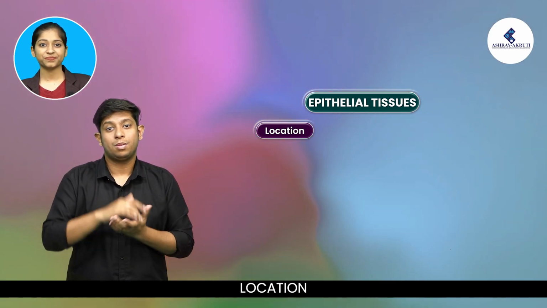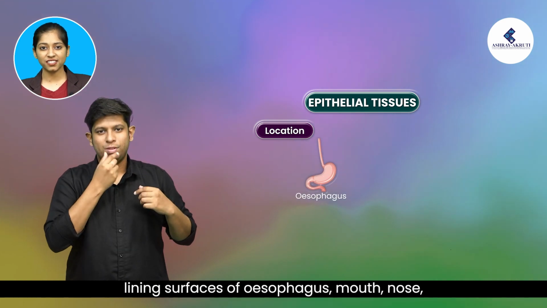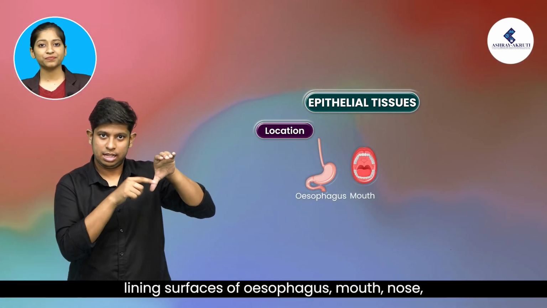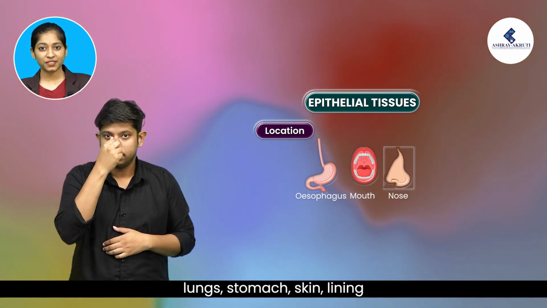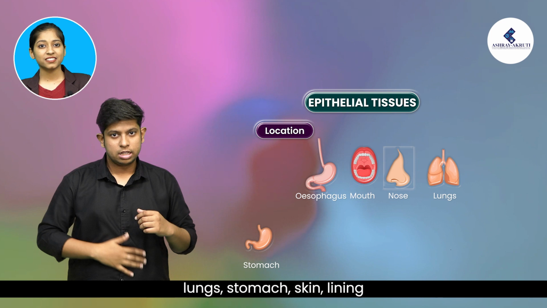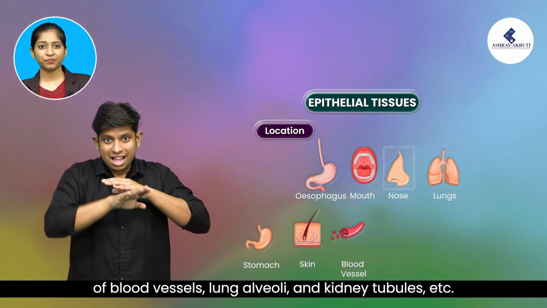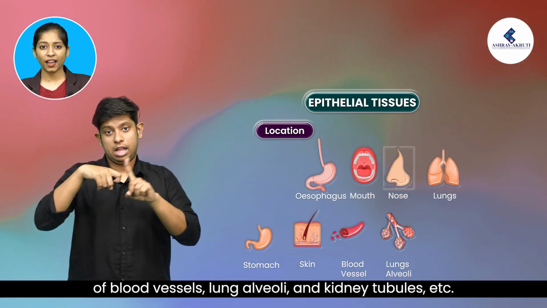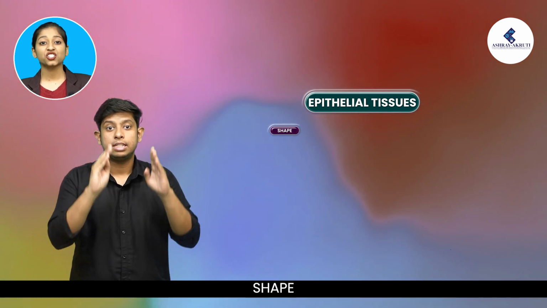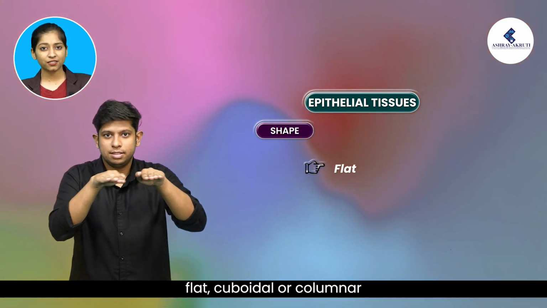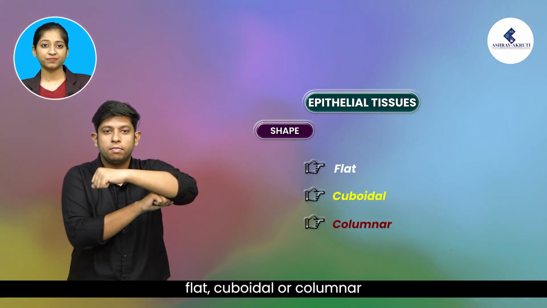Location: lining surfaces of esophagus, mouth, nose, lungs, stomach, skin, lining of blood vessels, lung alveoli and kidney tubules, etc. Shape: flat, cuboidal or columnar.